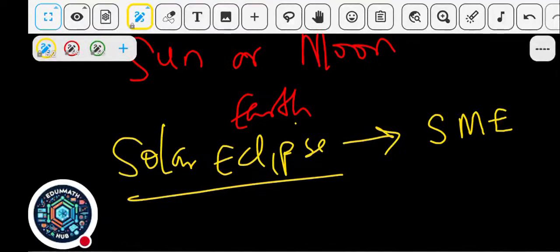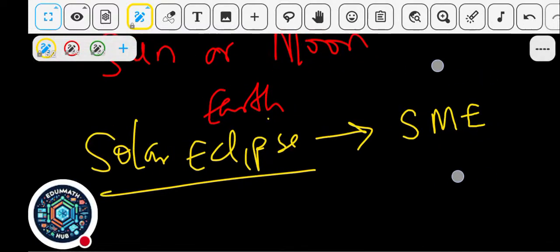S stands for the sun, M stands for moon, and E stands for earth. I hope you understand that part. This is a short formula.